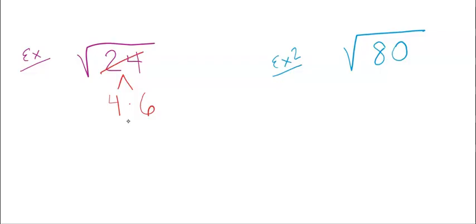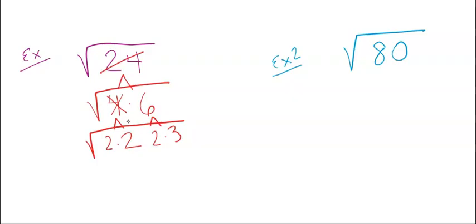So I'm going to cross out 24, and now I want to focus on 4 times 6. Now, I want to keep breaking these down until I can't anymore. So 4 is 2 times 2. So I'm going to cross out the 4 because we don't want to look at it. And 6 is 2 times 3. Okay? And so these are all still in the radical.